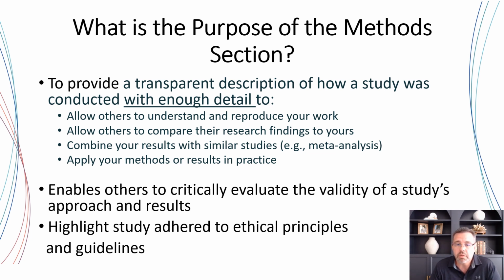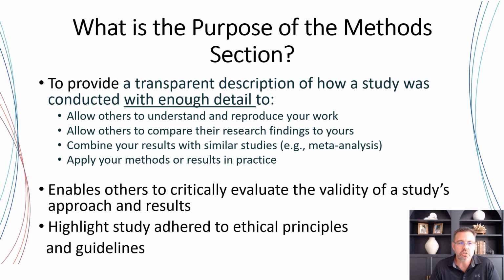Other purposes of the method section can include allowing others to compare their research findings to yours. So for example, to be able to put your research into the larger context of information known about a given topic. So for instance, when they are doing their work and they want to cite your paper and describe it in the discussion, there should be sufficient information there for them to be able to do this.